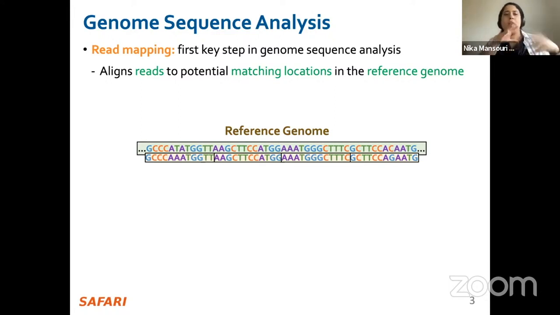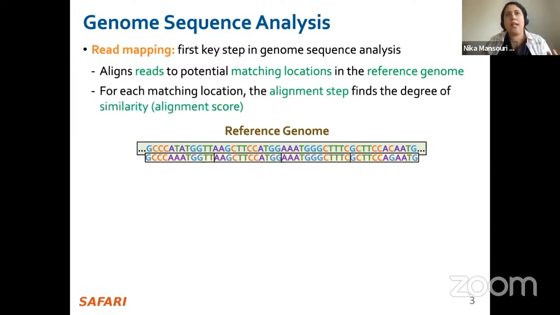For example, a human reference genome on average represents a person without, let's say, specific biological issues. And then you would align these reads to this reference genome. And then for each location that these reads match to, we perform an alignment step to find the degree of similarity or alignment score between the reads and the reference genome at those locations.